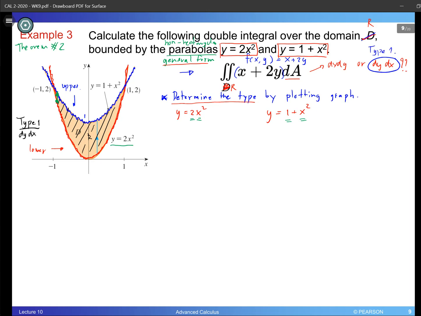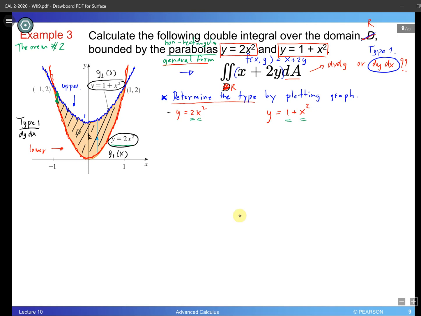Oh, by the way, before that, now that we know the lower curve and the upper curve, why don't we assign them to functions? So the lower curve right here, I am going to assign to be g1 of x, and the upper curve right here is going to be g2 of x.